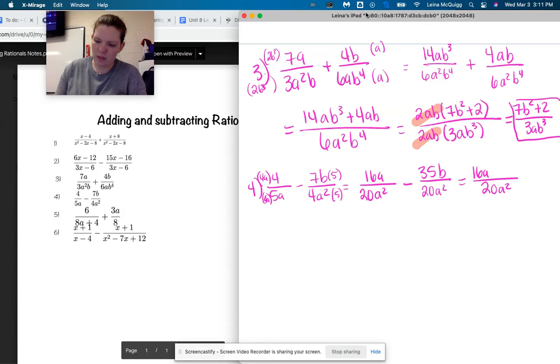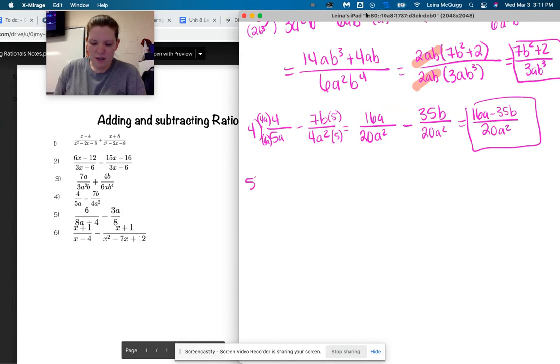Let me write that a little bit nicer. I do not have any like terms because that is a b. So that's it. Did I write the problem down right? Yeah, I did. 7b. Okay. So that's it.